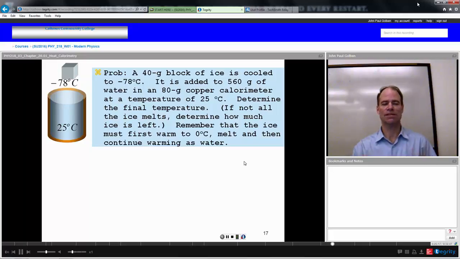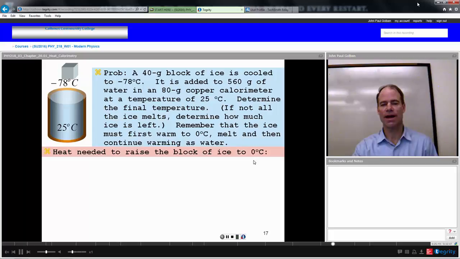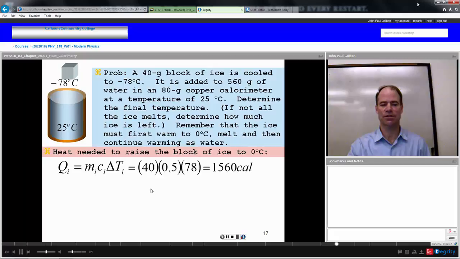So we're going to add this ice. Let's find out how much heat we need in order to raise this cold ice to 0 degrees Celsius so that it can go through a phase change. We need the mass times the specific heat of ice times this change in temperature. That's going to be 40 grams.